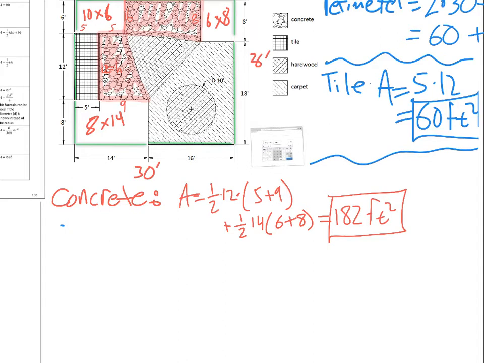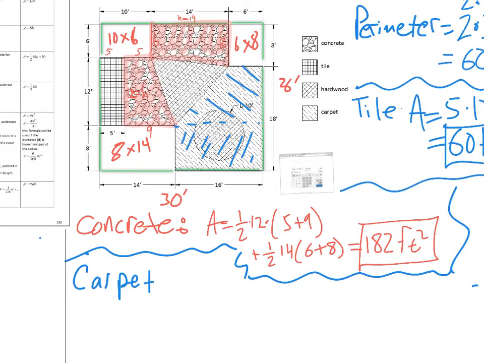All right. So carpets. Let's see. We've got the area of the rectangle. Let's start with the rectangle down here. It's 8 by 16. Plus, we've got this trapezoid right here.